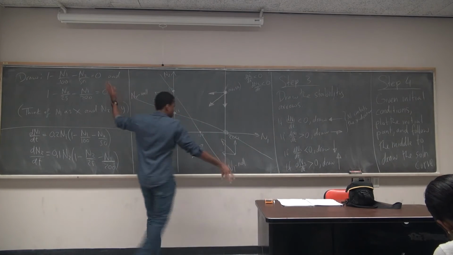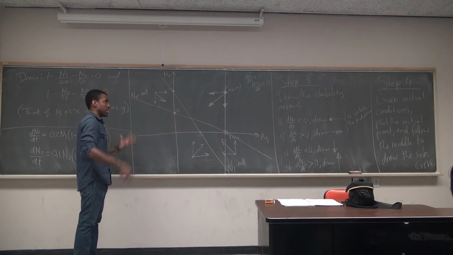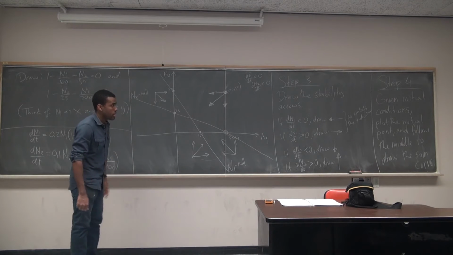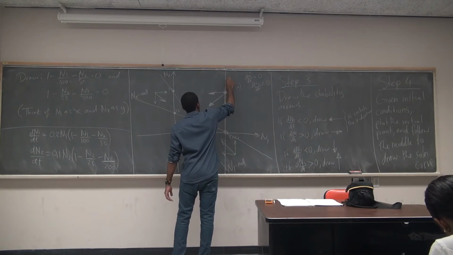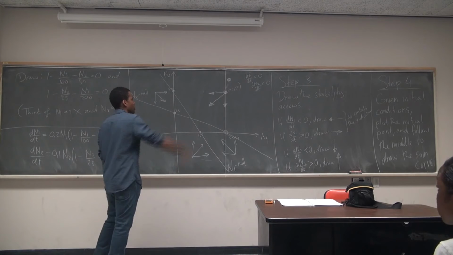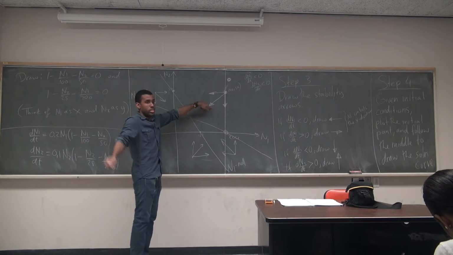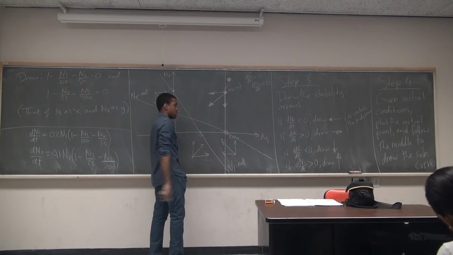So once you go through this whole thing and you end up here, now you can figure out how to actually plot the solution. Let's say I told you my initial condition was over here. What would I do? I would move in that direction, because that's what this arrow is telling me. I'm in the region that says move this way.